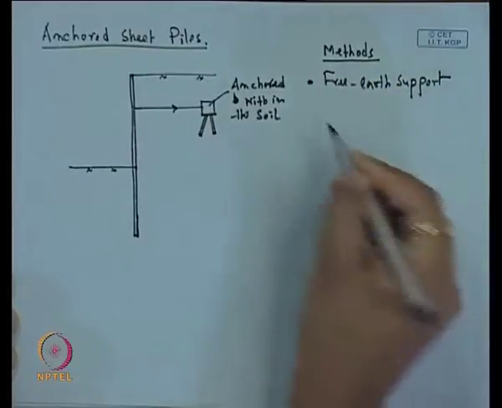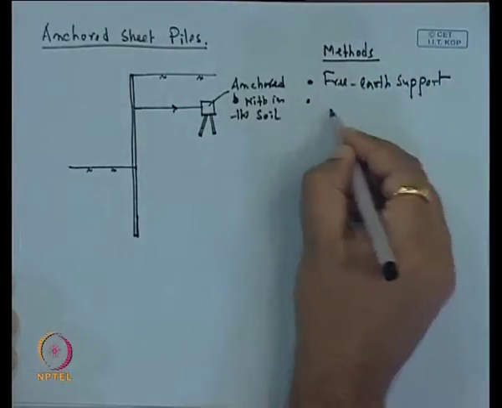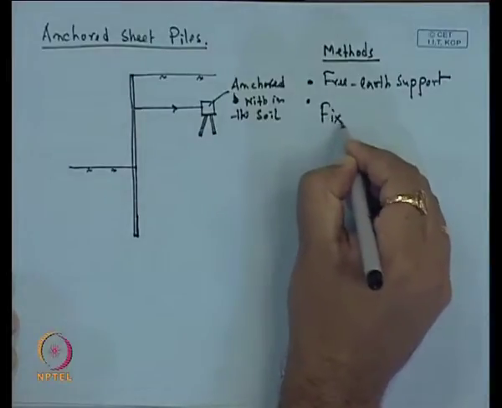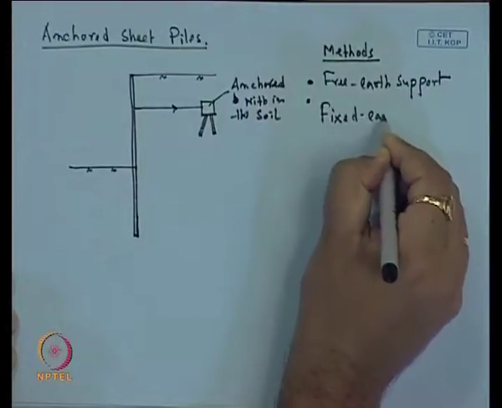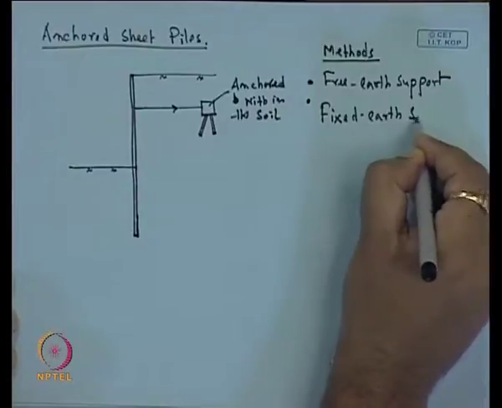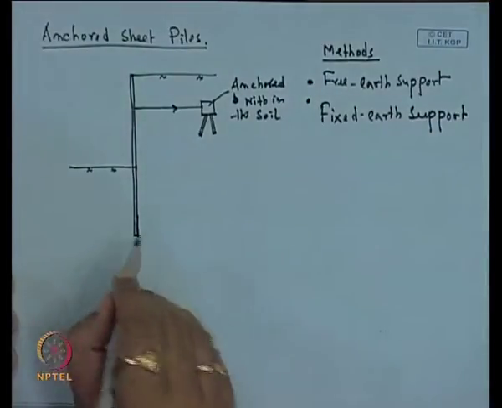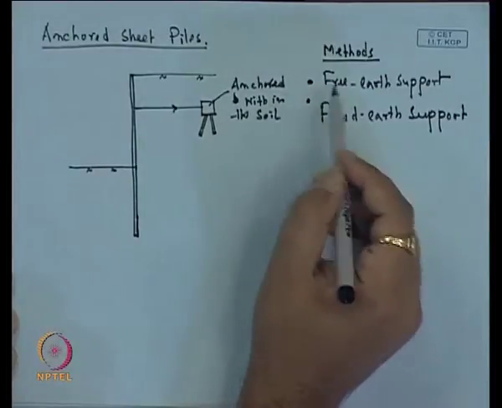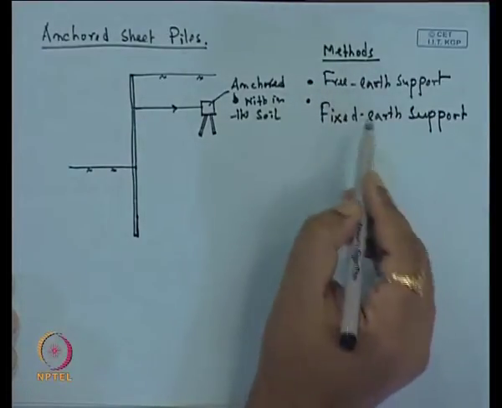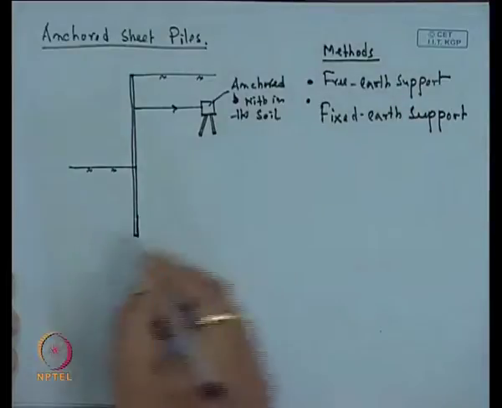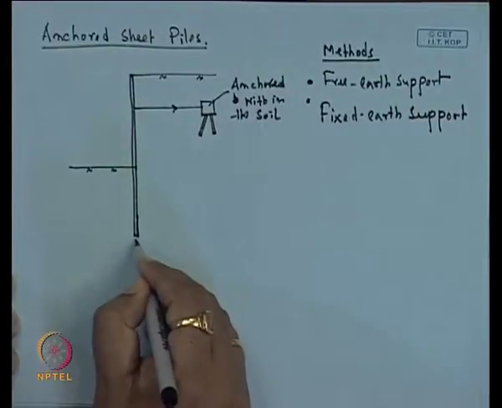One is the free earth support method, another is the fixed earth support method. So, there are two types of analysis that we can do: the free earth support method and the fixed earth support method. In the free earth support method, we assume that this end is free.